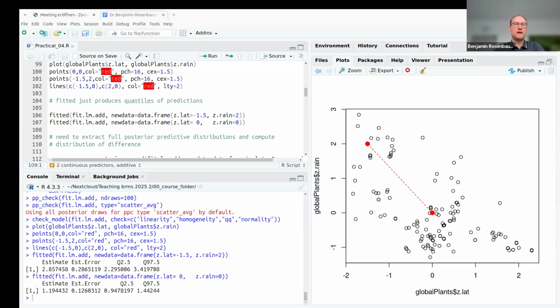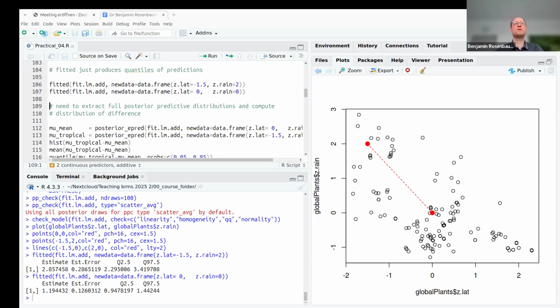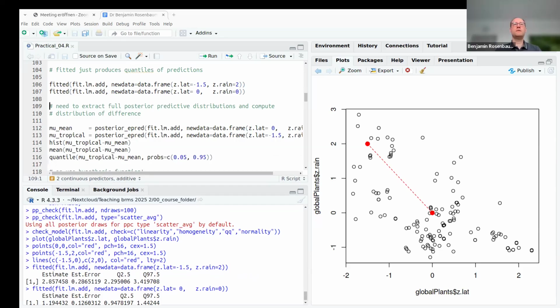If I just plot the fitted values, I just get their mean predictions, but I actually want to extract the full posterior distribution for them to compute their difference. And I can do that, for instance, with the posterior_epred function.